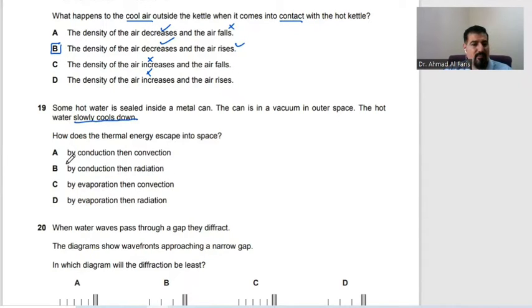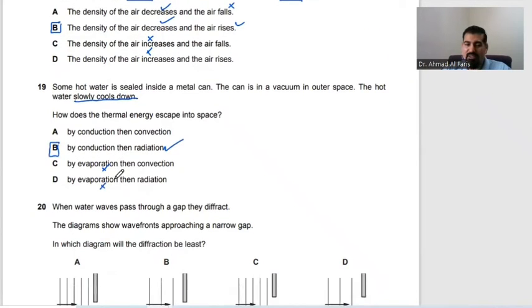Which one is the answer? By conduction, then radiation. So we have radiation here, not evaporation, because it's sealed inside a metal can. So the answer is B. Correct. Excellent.